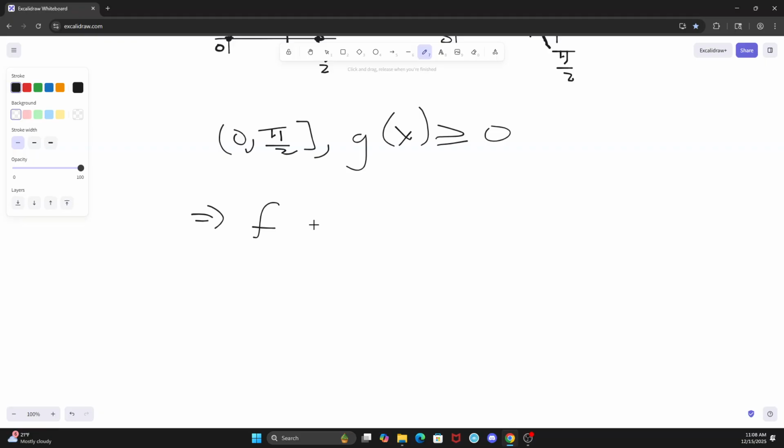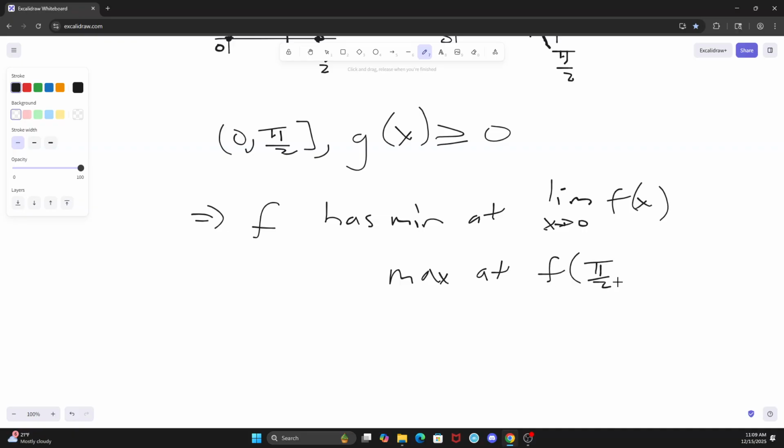So we indeed have that f has its minimum and maximum at its endpoints. And since it's always increasing, its minimum is the limit as x approaches 0 of f, and its max is just f at pi over 2.